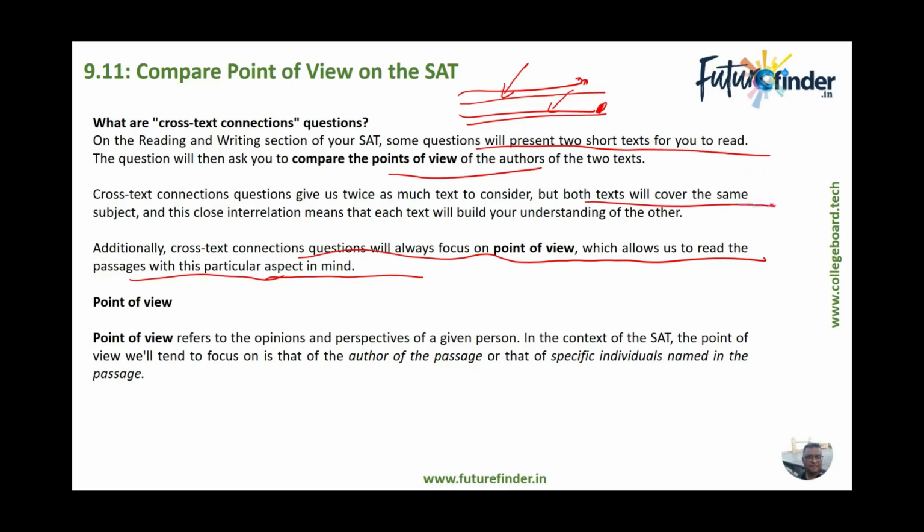We are expected to find out if there is a difference or agreement in the point of view of the author of text 1 and text 2. Invariably, you will find that questions which bring out differences are more than questions which look into agreements.